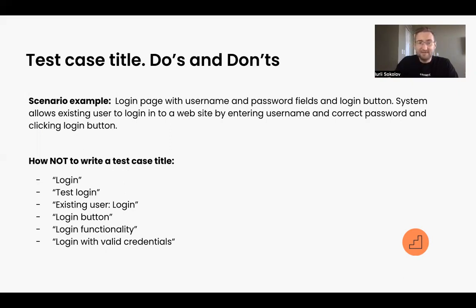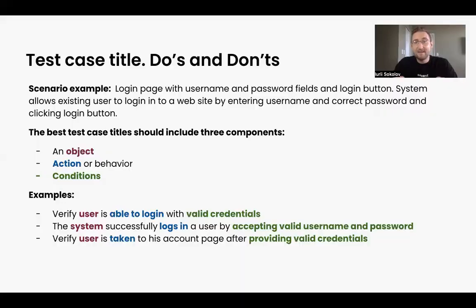So let me try to explain what we think is a better approach when it comes to test case titles. This is how to write a better test case title. It's a very simple system, and I'll try to explain what I mean by it.